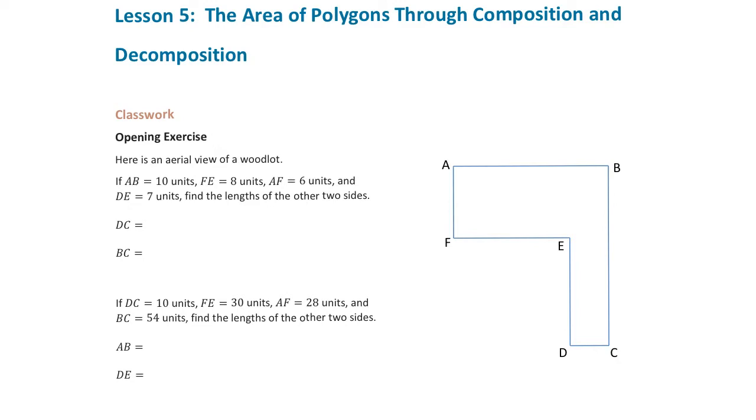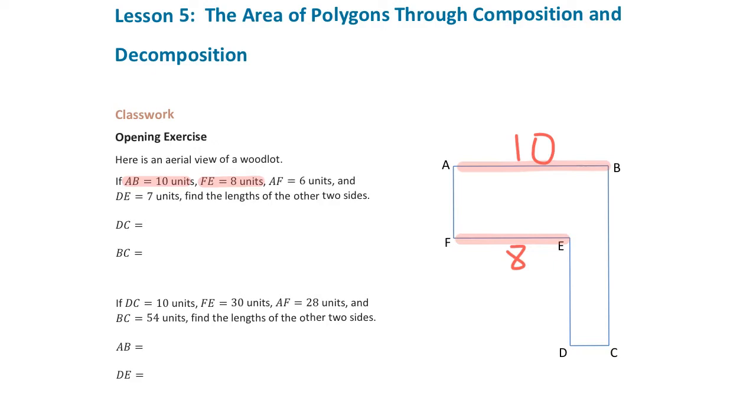To start out with, we're going to fill in the information they give us. It says, if AB is 10 units, so I go over here and I find AB and I label that 10. Then the next thing it tells me, FE is 8 units. So I find where FE is and I label that 8.